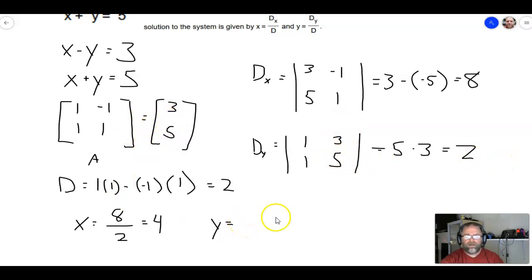So dy is 2 divided by d, which is just the determinant of our main matrix, 2. So 2 over 2 is equal to 1. And that is our solution. And we'd answer with the point (4, 1).